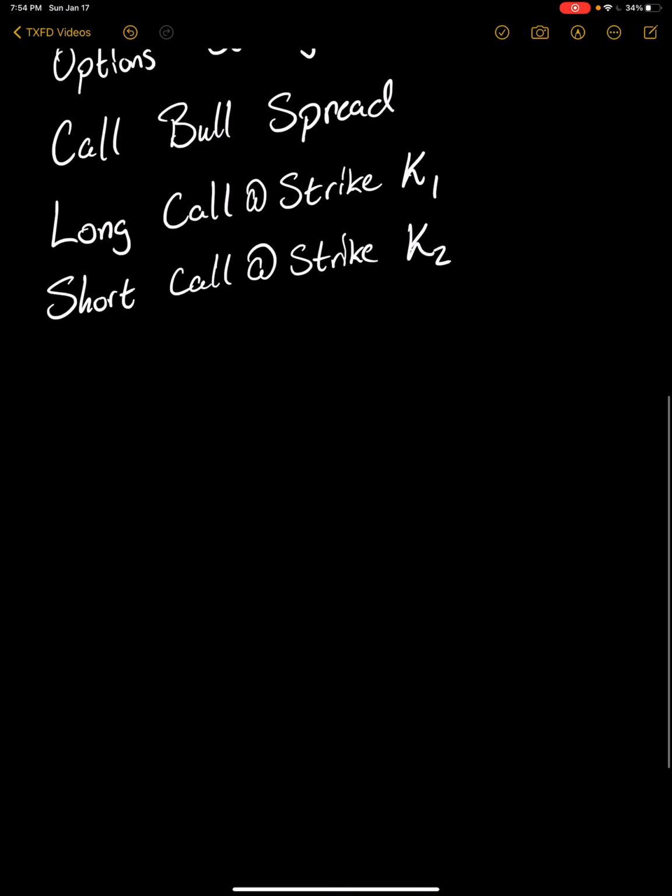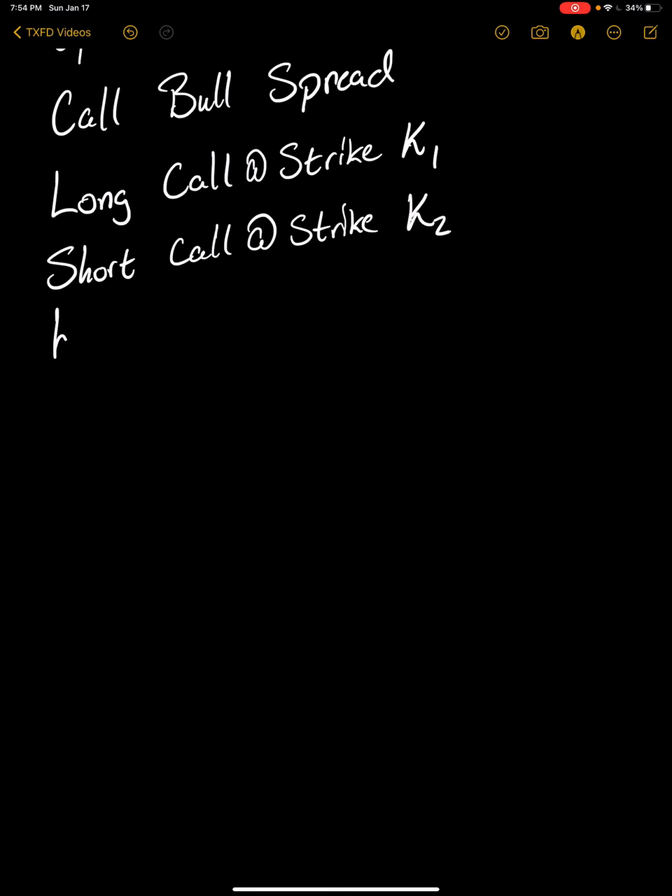K1 and K2 are related. Specifically, K2 exceeds K1. So the idea is that we think that the stock is going to rise and the stock is going to settle somewhere between K1 and K2.